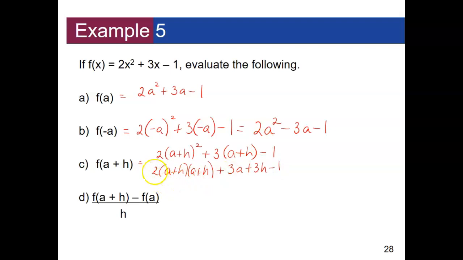Before I distribute the 2, I want to FOIL this. So I'm going to have a squared plus, if I do inner and outer, 2ah plus h squared.